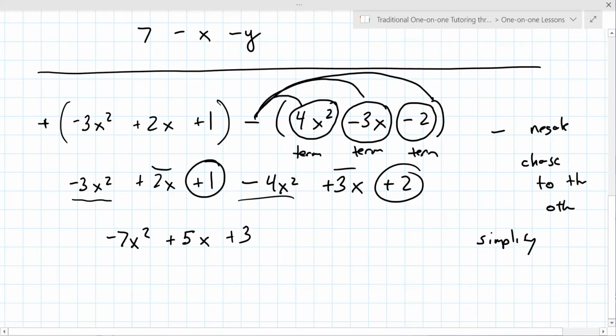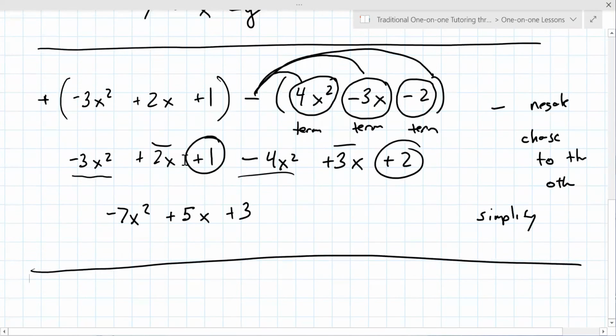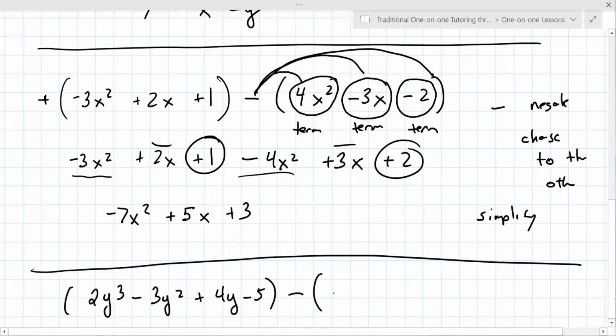Okay. All right, so I'm going to give you another one. You got this written down? All right. It's okay if you didn't. I can keep it up here, but I'm going to write down the next one here. So, all right. 2y cubed minus 3y squared plus 4y minus 5 minus 6 plus 2y minus 3y squared plus 4y cubed.